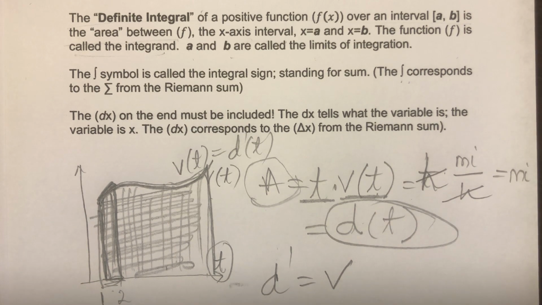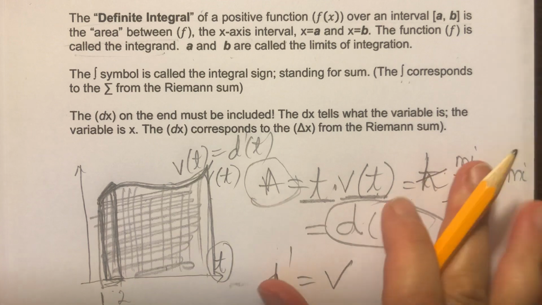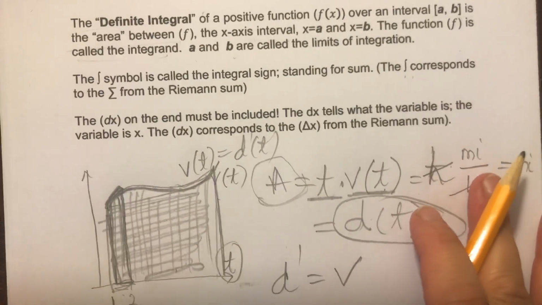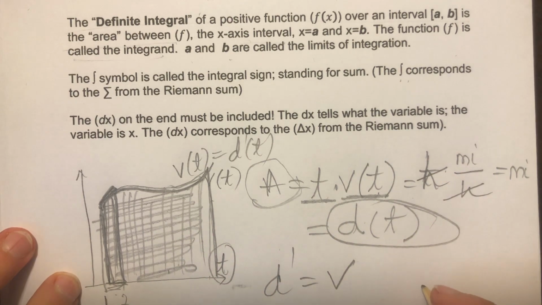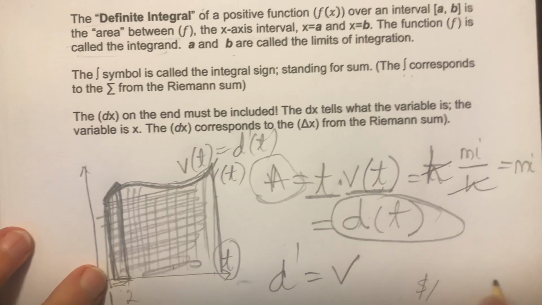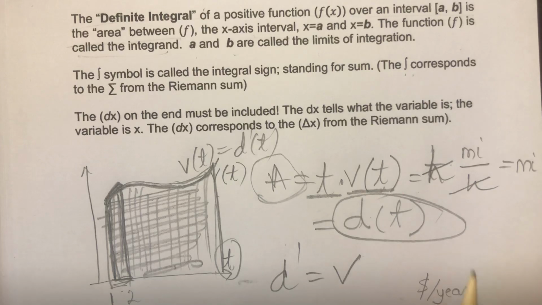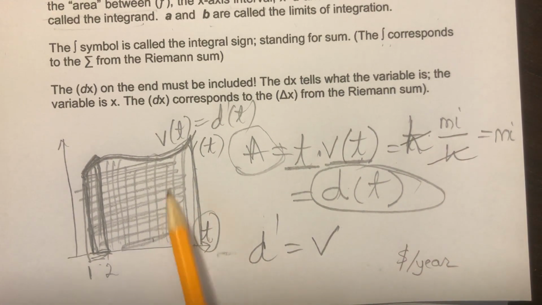Let's just say this problem would not be about velocity and time, but about the rate of change in the value in an account, right? So the value in an account is growing at this many dollars per year. A velocity is a change, a rate is a change.